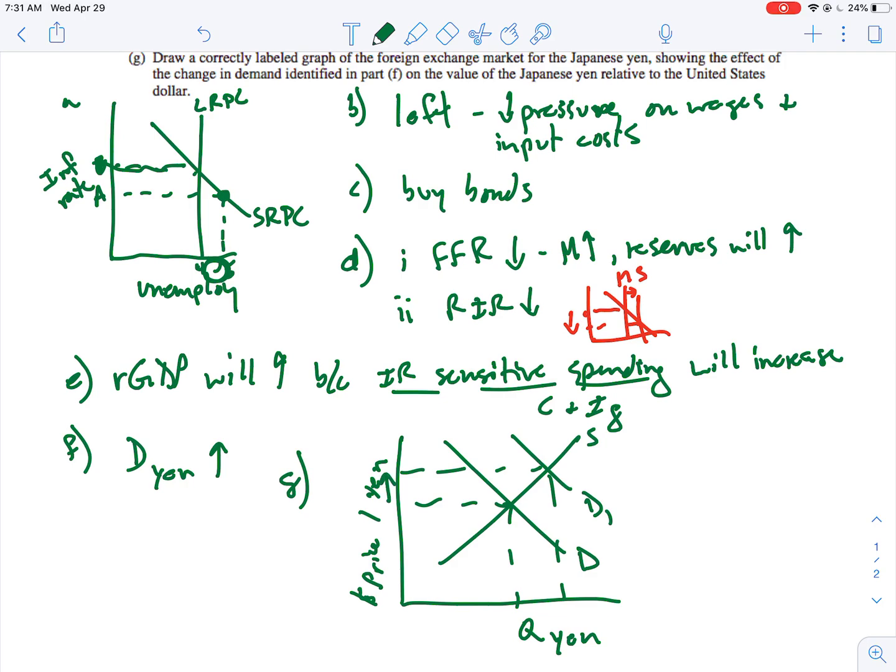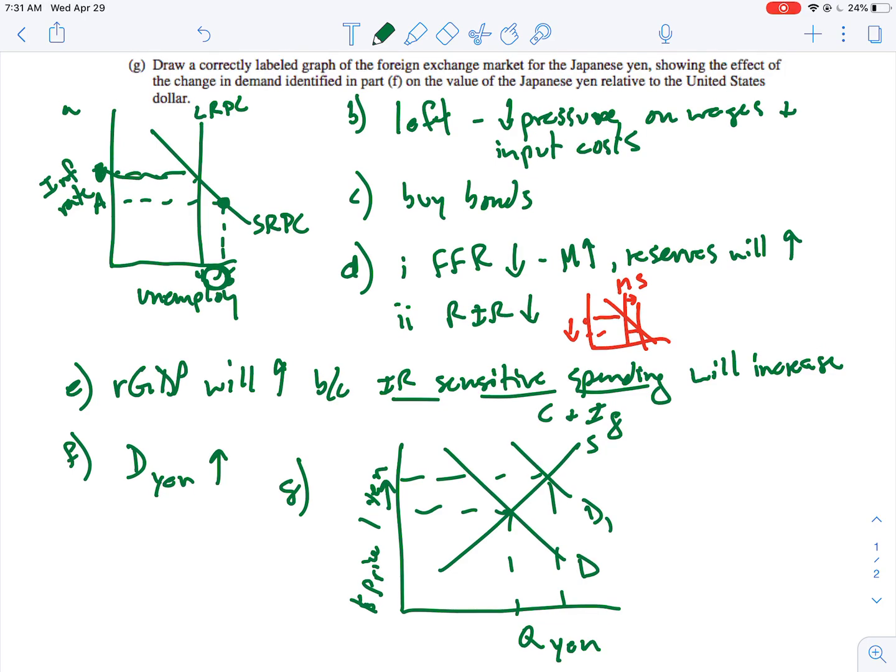The question asks for showing the effects of the change in demand identified in F on the value of the yen relative to the United States dollar. As long as you have this arrow here, then you are good. But of course, what that means is the yen is appreciating against the dollar.